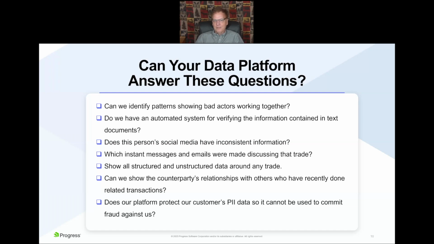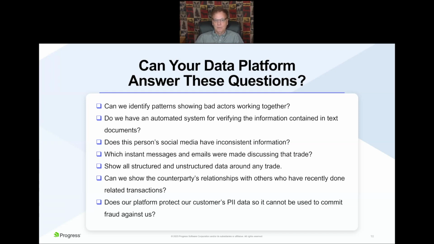Can you show all the data relating to that trade, whether it's in a Word document, a PDF, an email, or in a relational database? And can you show all the counterparties that your traders or others have done in payments, perhaps? Can you show all of the different people who've engaged with the people you deal with, so you can see, are they engaging with trades with troublesome actors?